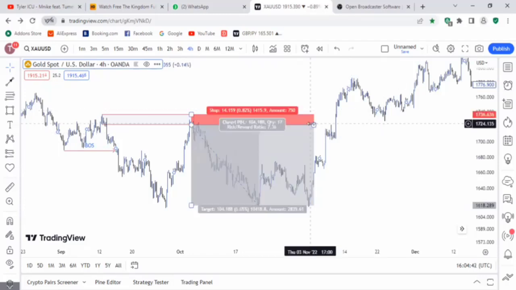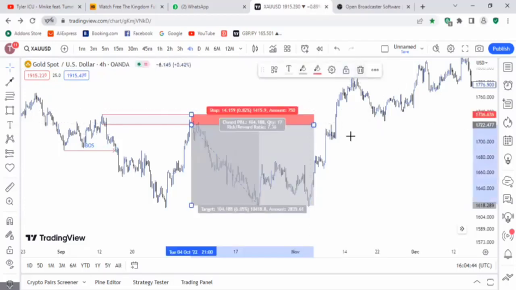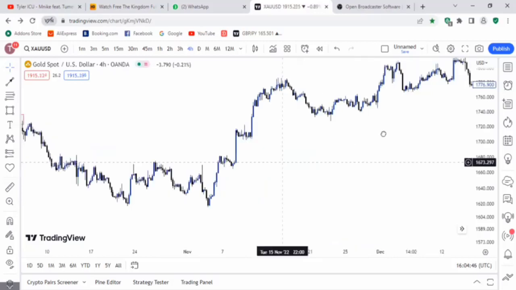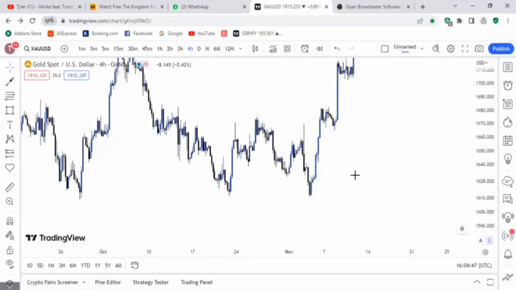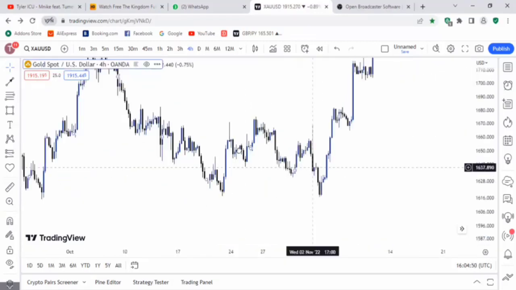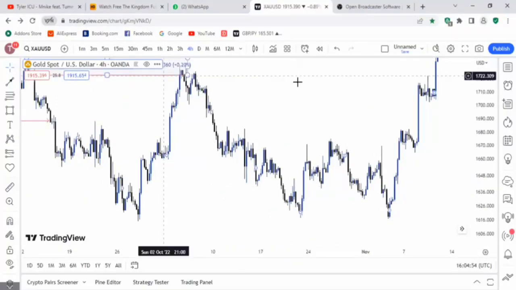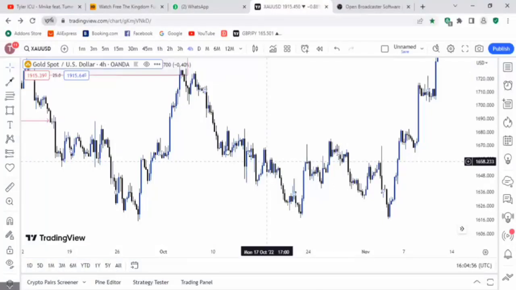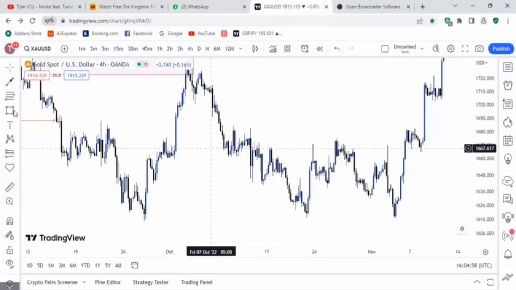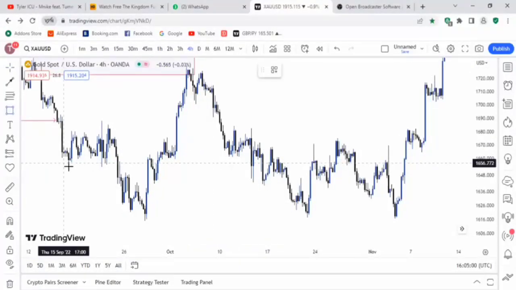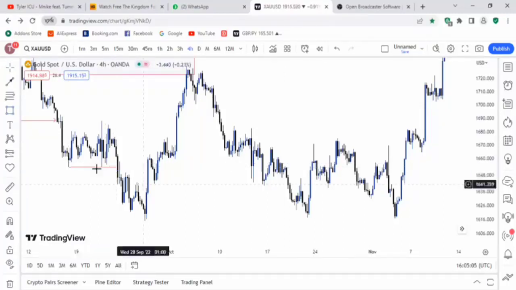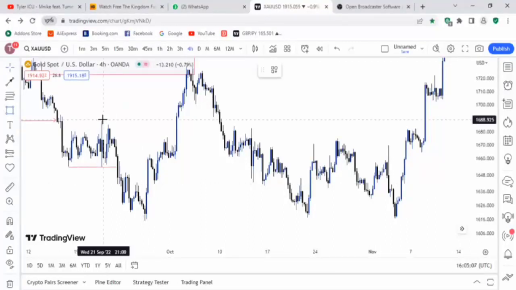So let me remove this. In this case, I would like us to focus on this. We had a break of market structure here, and we had a change of character here.